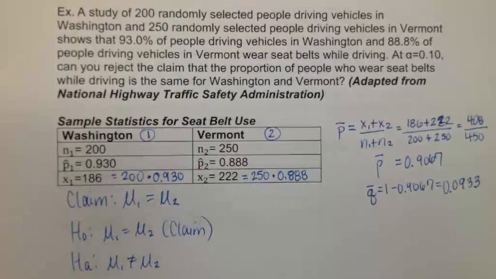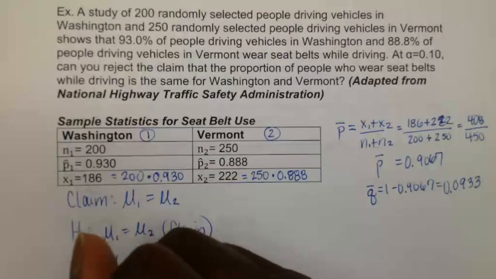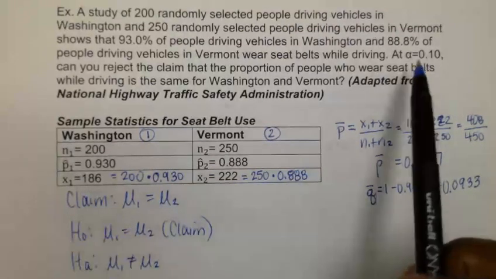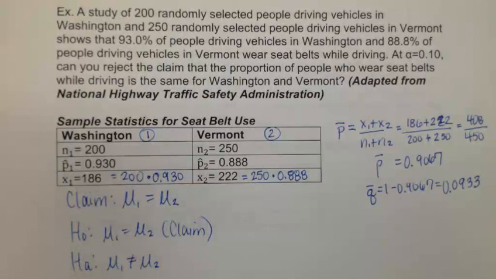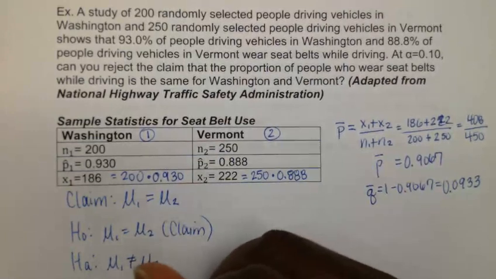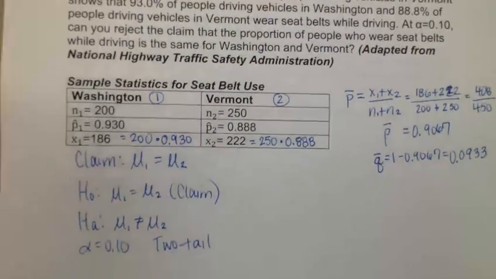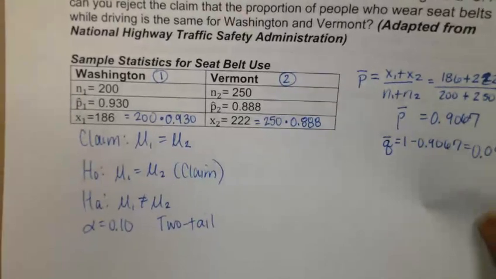That means our HA is the opposite. The level of significance is 0.10. This is a two-tail test because of HA.